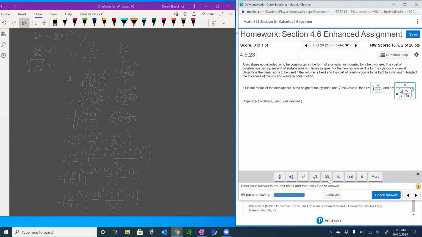Do the second: minus 2 times 3V over 44 pi.